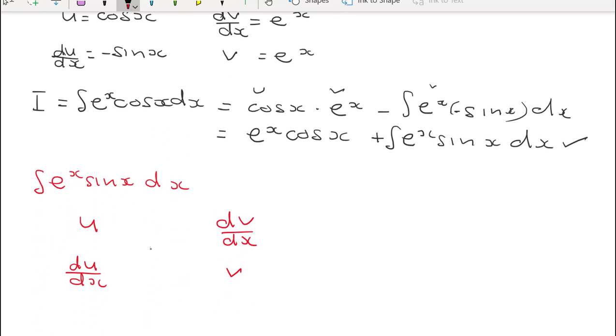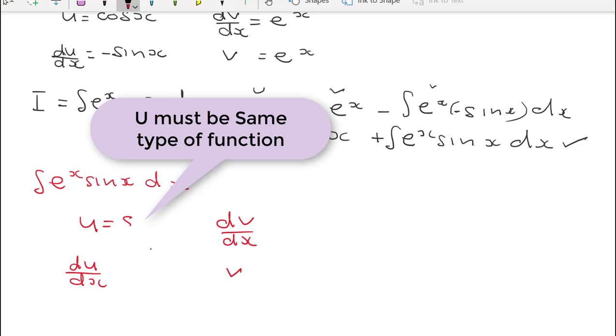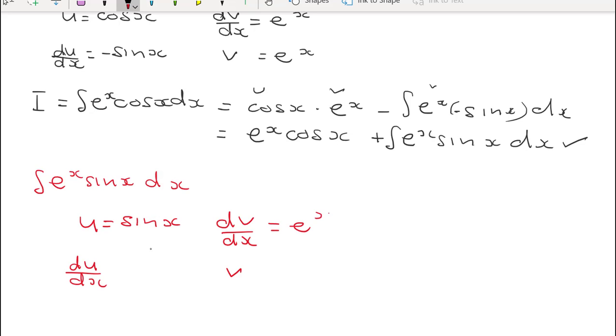So in the above we let u equal to a trig function. Now u must also be equal to the same trig function down here, which is sine x, and dv by dx is equal to e raised to the x. So we are not going to change our order of how we let our substitution be.